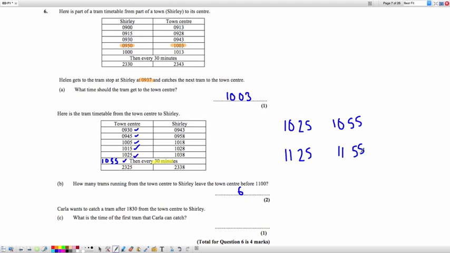So between 10:25 and 23:25 here, they leave at 25 minutes past and 55 minutes past. So if Carla wants to get the tram after 18:30, she's missed the 18:25, that's gone, so the next available tram will be at 18:55.